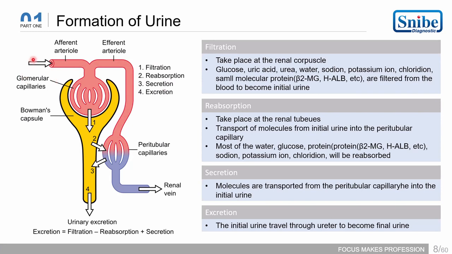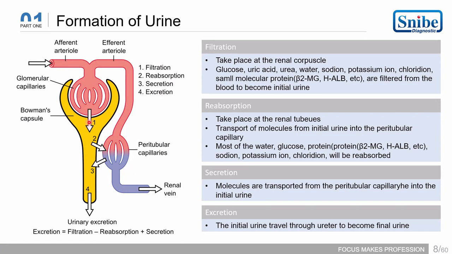The glomerular capillaries play a very vital role in filtration. They have the Bowman capsule, and there are peritubular capillaries and the renal vein that help initiate the process of filtration, reabsorption, secretion, and excretion.